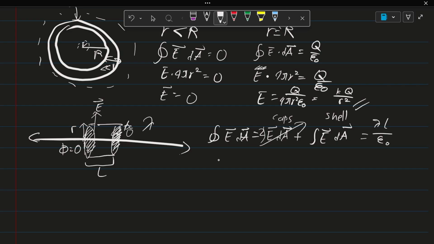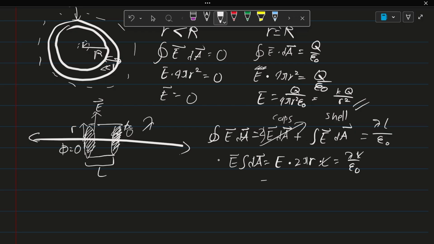And because this is infinite, it works for almost every single point. So we can just separate the E vector out because it also has the symmetry, and the integral of the dA vector is basically the area. So the area would be its circumference, which is 2 pi r, multiplied by the length, which is L. And this is equal to lambda L over epsilon 0.